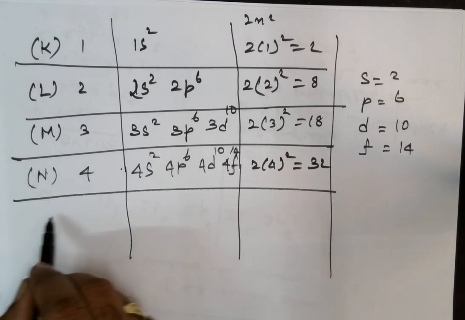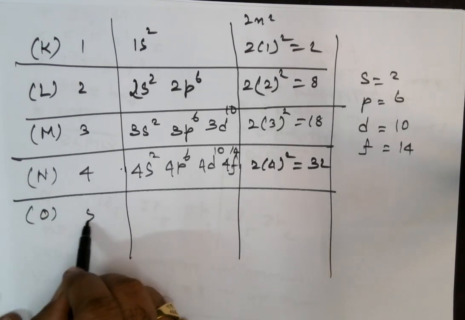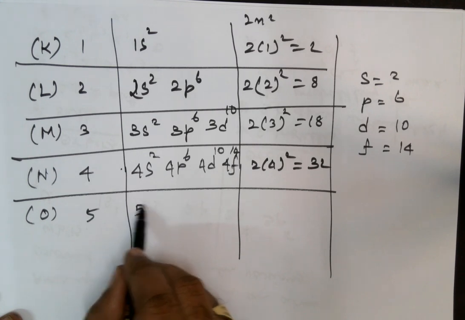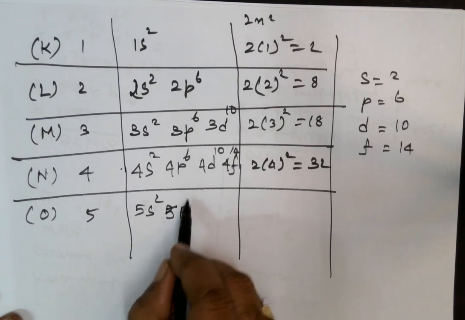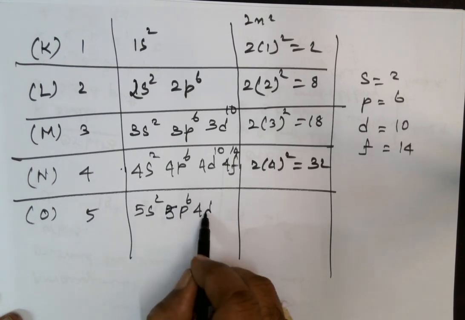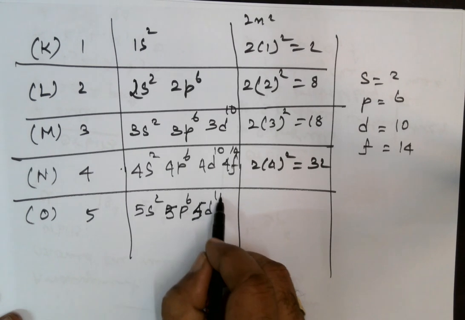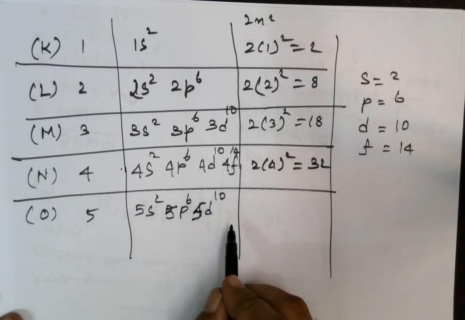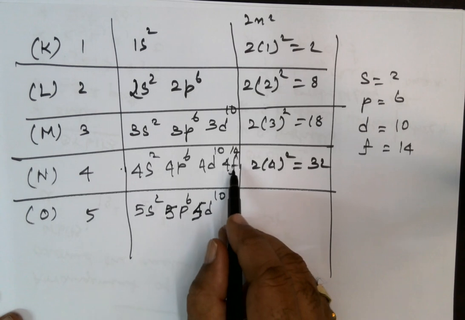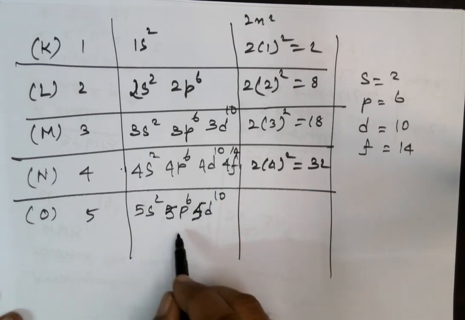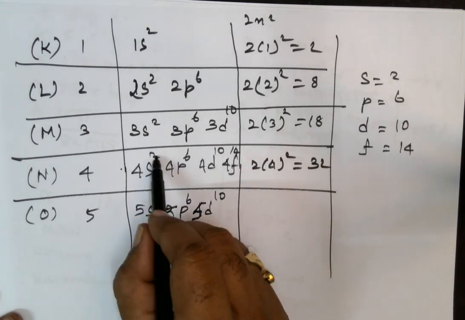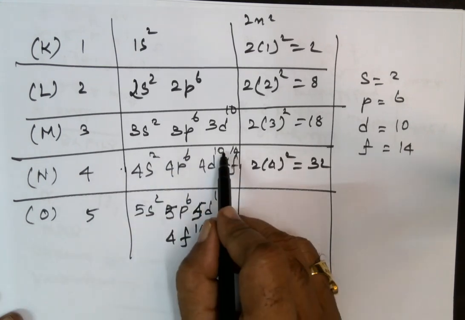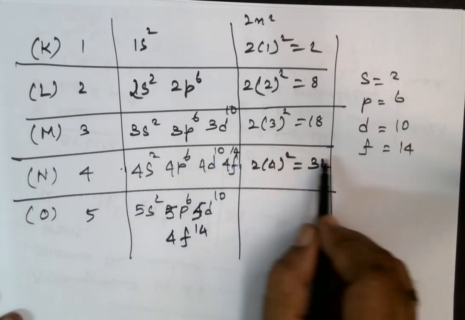Similarly, we can proceed with O shell, that is fifth shell, where you can have 5s2, 5p6, 5d10, and then 5f14. You just count it: 2 plus 6, 8, plus 10, 18, plus 14, 32.